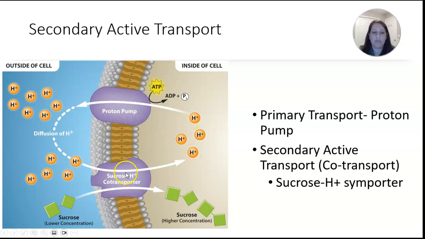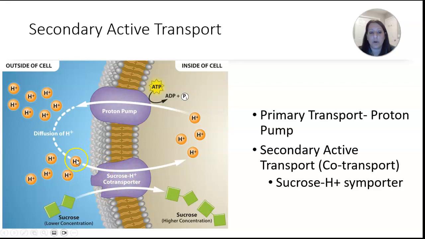So down here in the membrane, there is the sucrose proton cotransporter, another example of a symporter. And so the power, the energy source for this protein to work comes from the proton gradient. And so protons will have a natural tendency to go into the cell. And the only way that they're getting in through this protein is if sucrose comes with it.